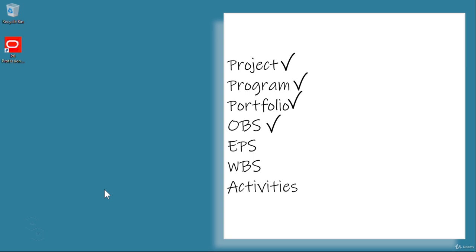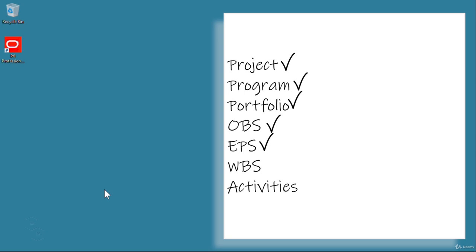And we have also discussed the EPS, or enterprise project structure. It's also a hierarchy. It's a hierarchy of the projects. Basically, it consists of similar projects that have common characteristics.